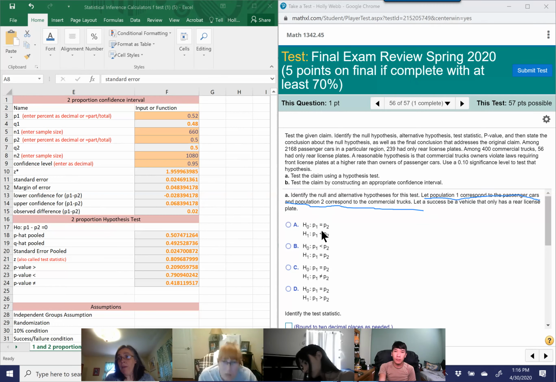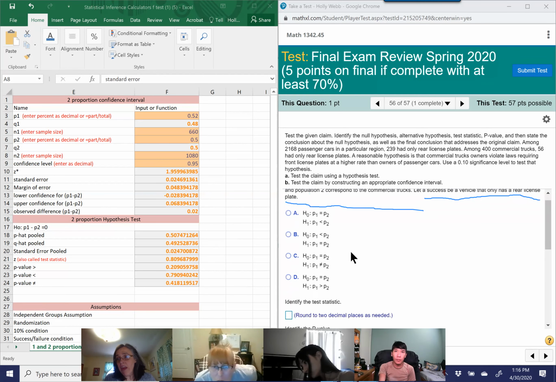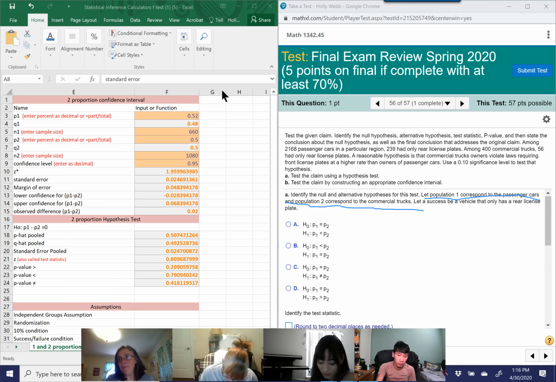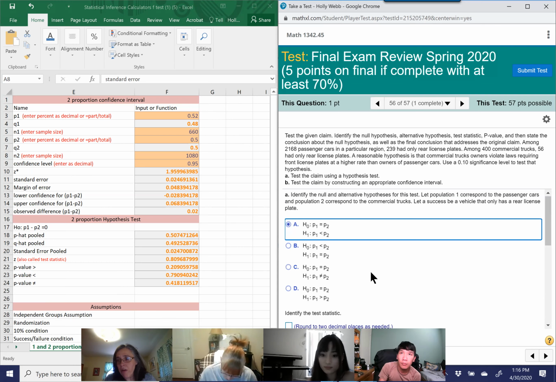Okay, so that means this is actually a left-tail test, because passenger cars are less than trucks. So that's going to be this one, left tail.